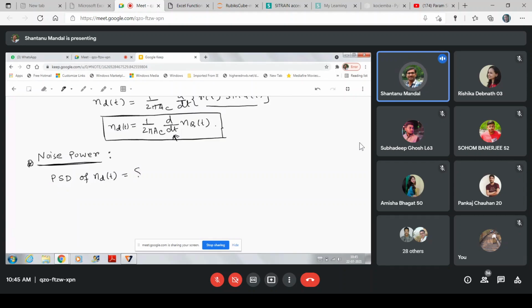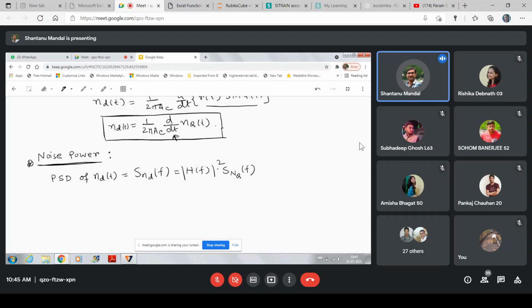This is equal to S_Nd(f). So here one formula is there, that is |H(f)| square into S_NQ(f), the quadrature component.